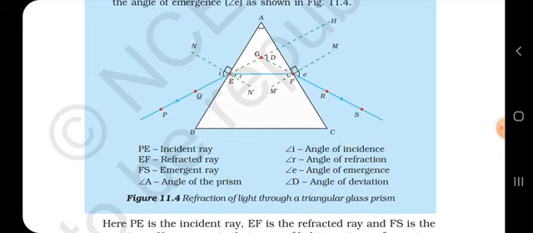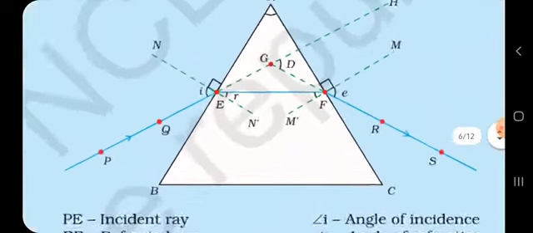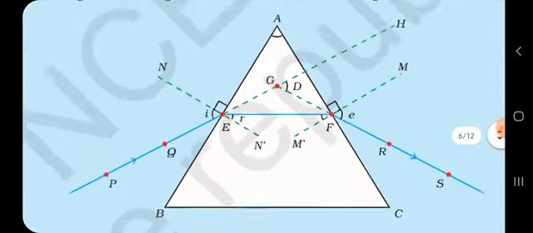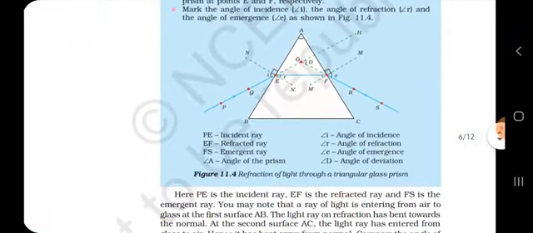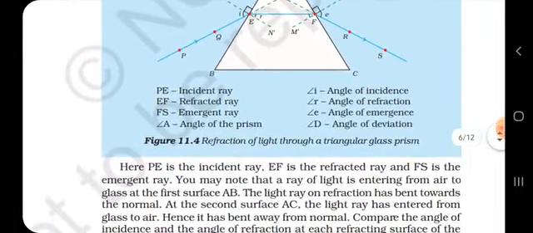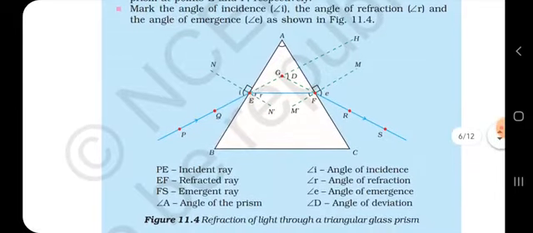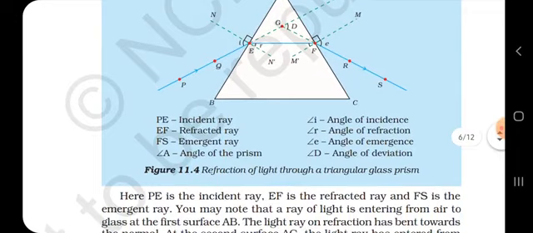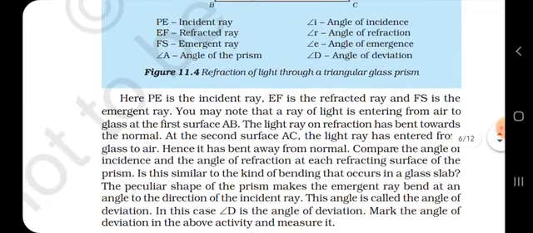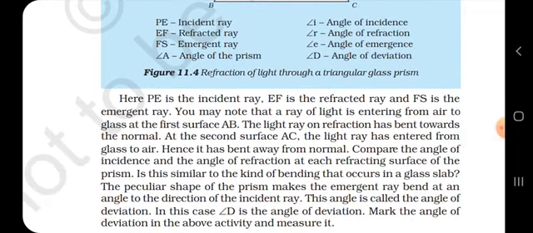The angle between the incident ray and the emergent ray, at point G, is known as the angle of deviation. Angle A is known as the angle of the prism. I hope you are clear with this.